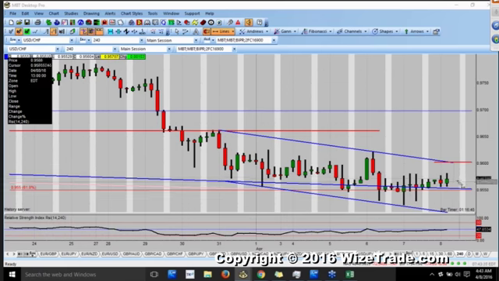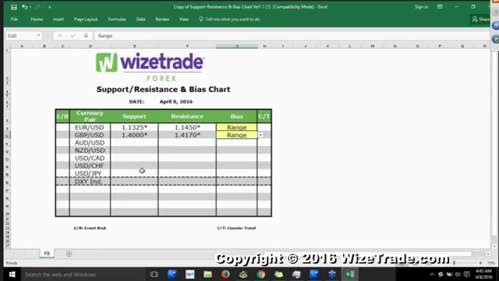I'll say it again. If the 96 cent level is being taken out on the dollar Swiss, that probably is coinciding with the euro dollar breaking below the 113.30 level. Okay, so Swissy, 96 cents key resistance in this range.